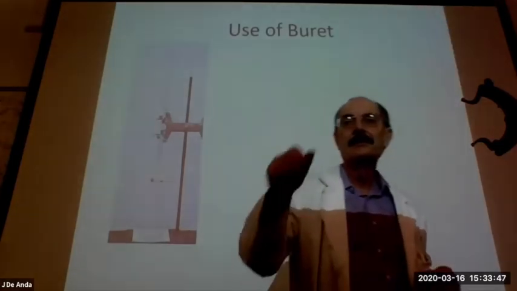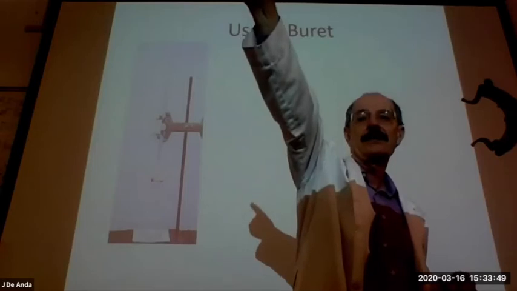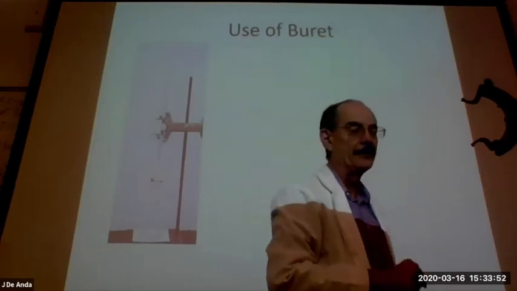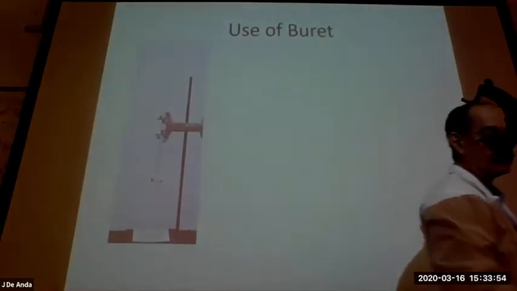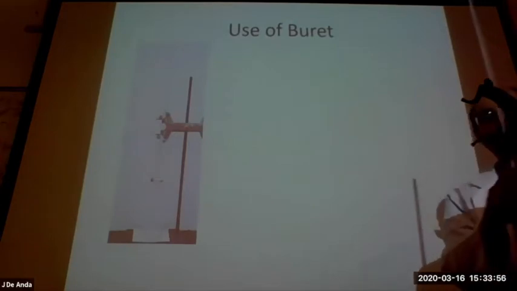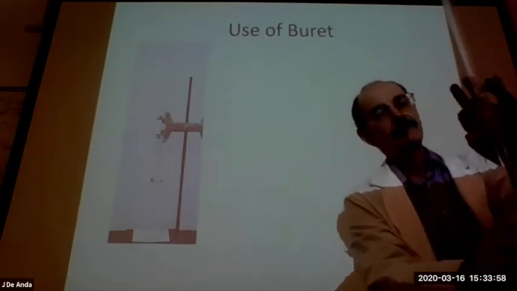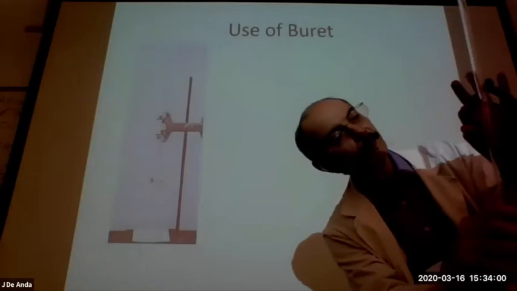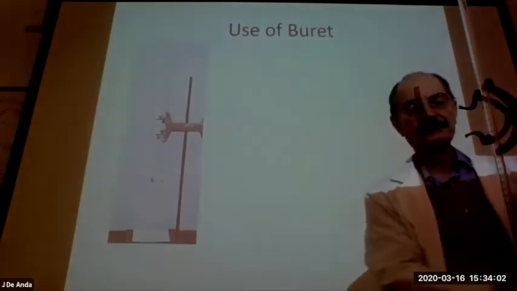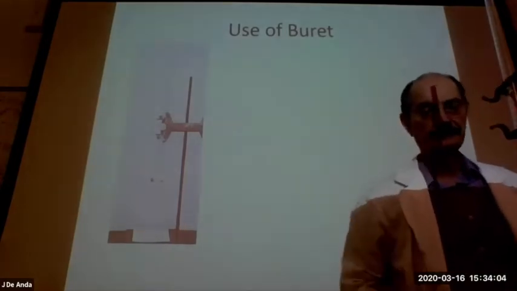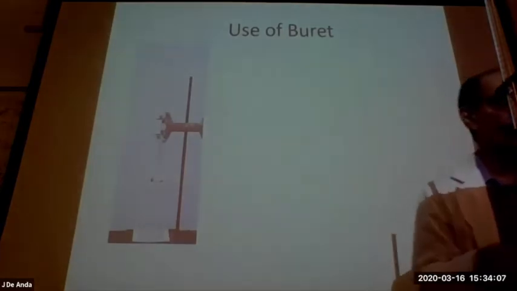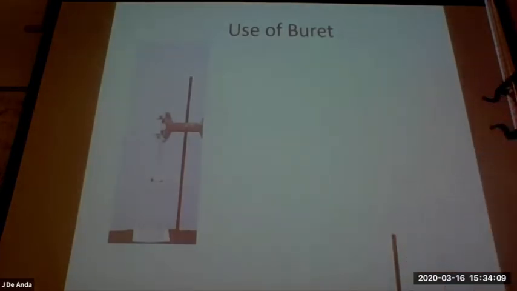Of course, the ring stands are in that other corner of the lab, all right? And the burette is going to be mounted in here using the pressure clamp. I'm going to show you in a moment. I'm going to move it over here so you can see it better.